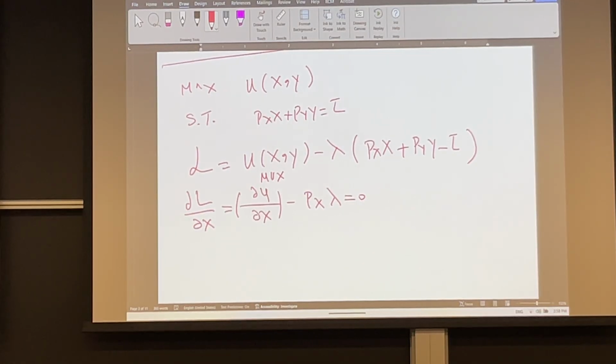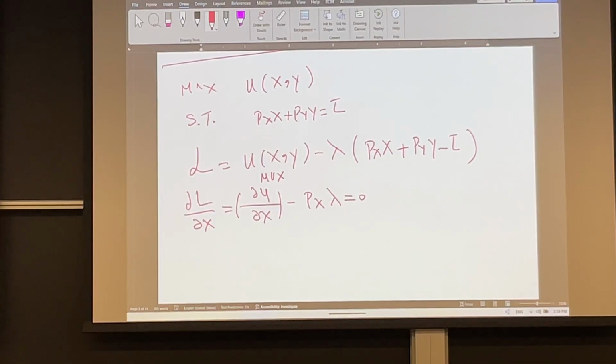For an obvious reason. This is how much you get in satisfaction from the last unit of x consumed, everything equal. Marginal utility of x is how much you get from the last unit of x consumed, assuming y is constant. Right?